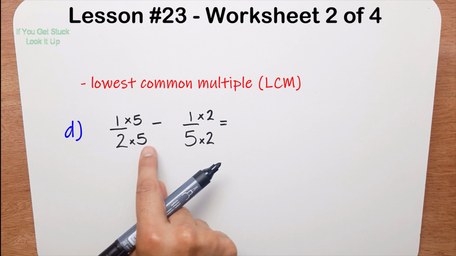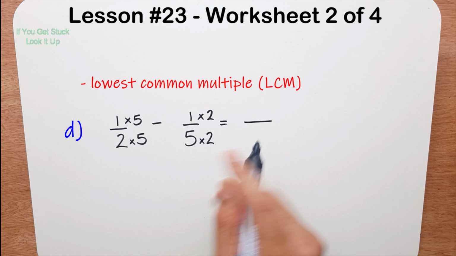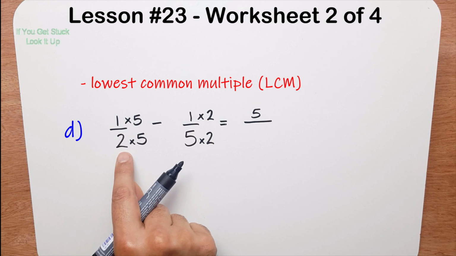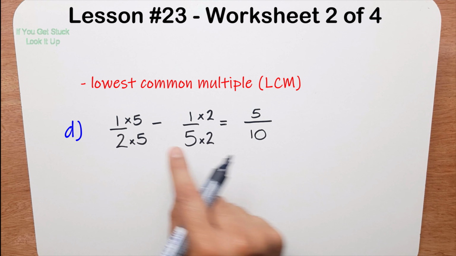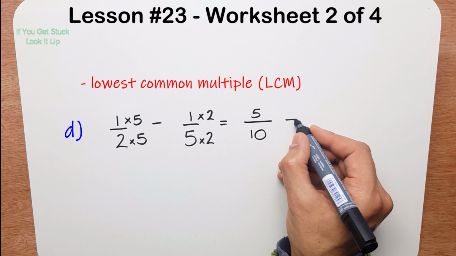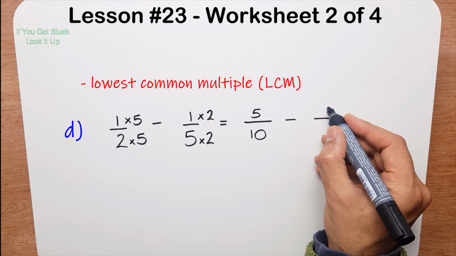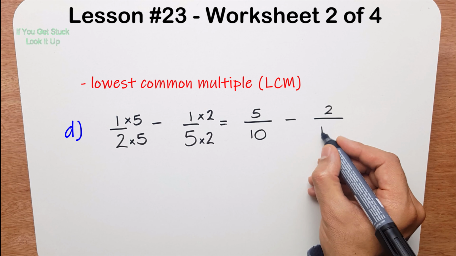Now I'm going to concentrate on the first fraction. Fraction line, 1 times 5 is 5. 2 times 5 is 10. This minus will go here. Fraction line, 1 times 2 is 2. 5 times 2 is 10.